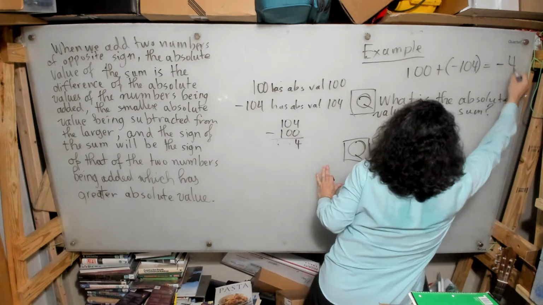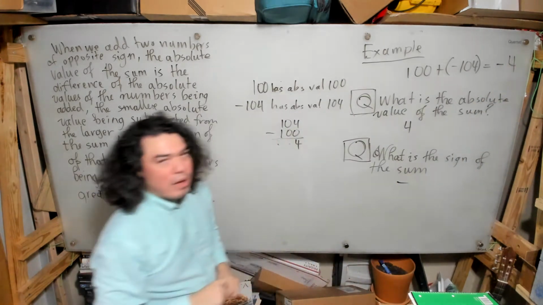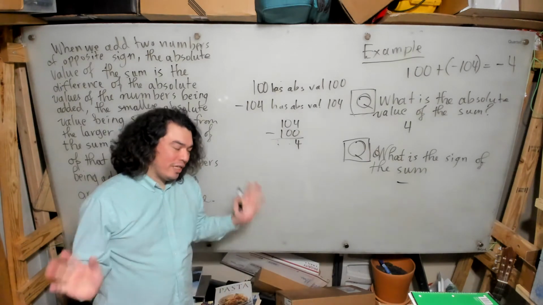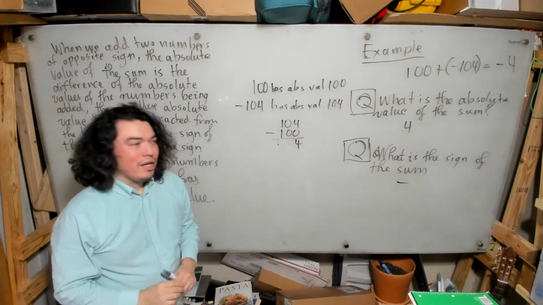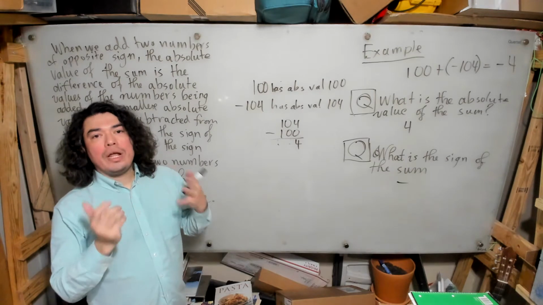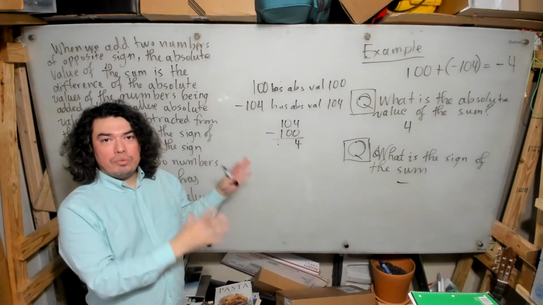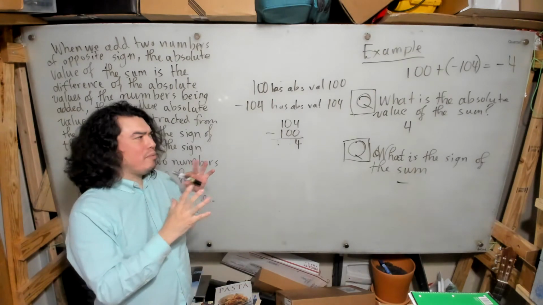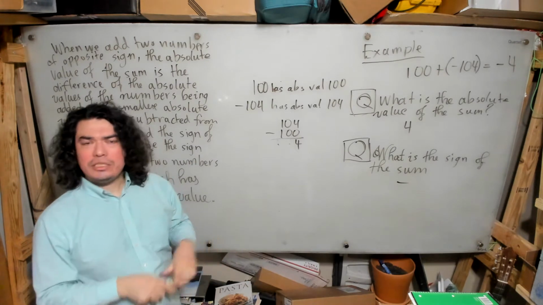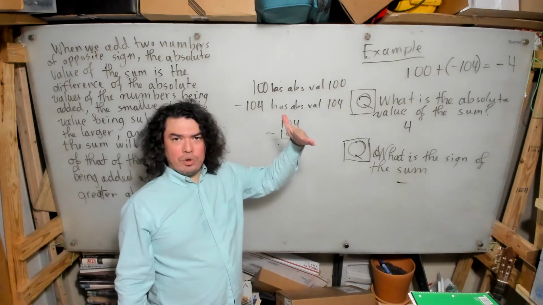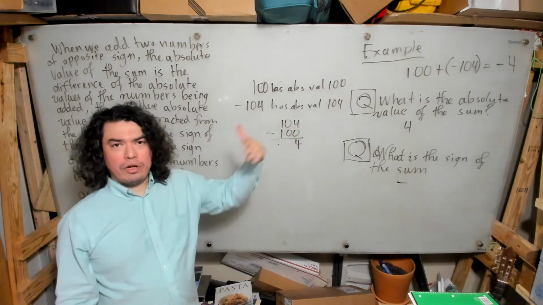Negative 4. Now, by the way, I want to make sure you guys understand something here. I'm breaking up these calculations into these two parts and displaying them in explicit detail here, just as a means of you guys learning how to do this.